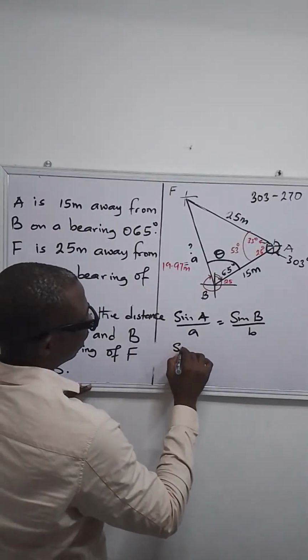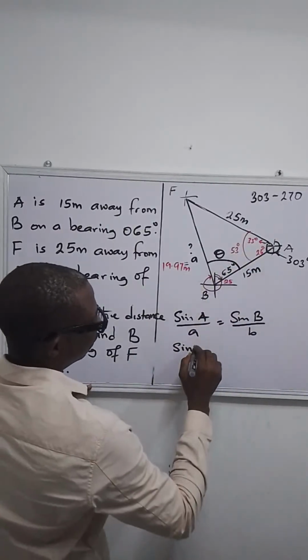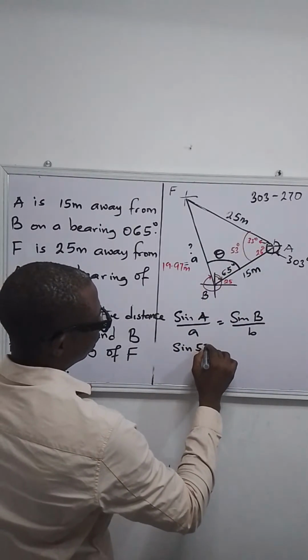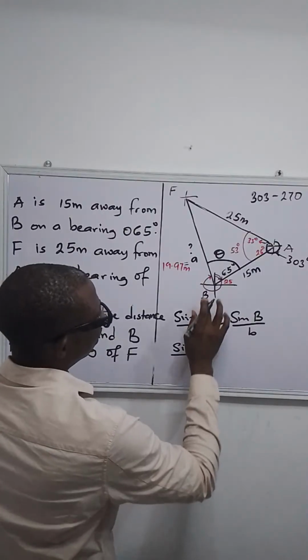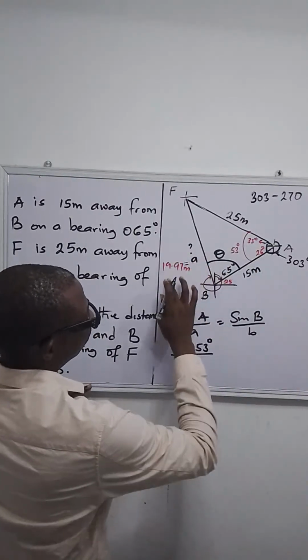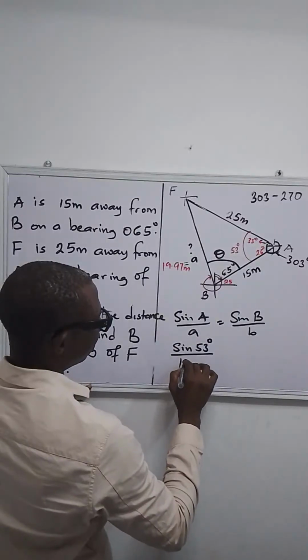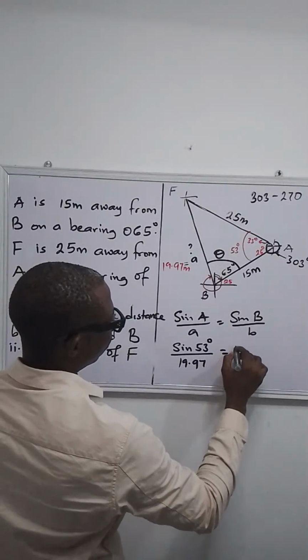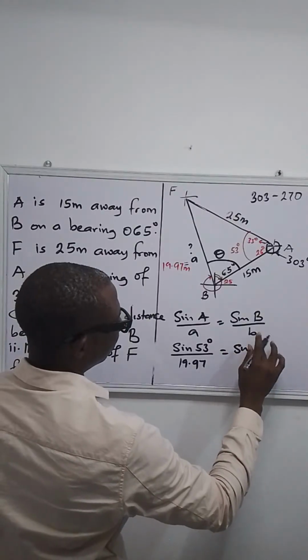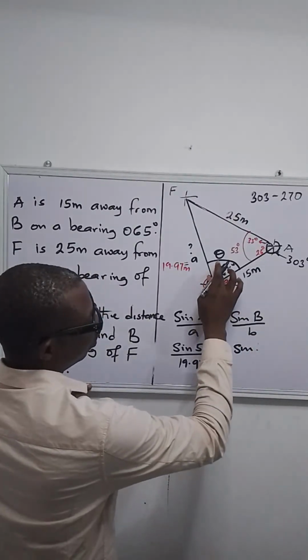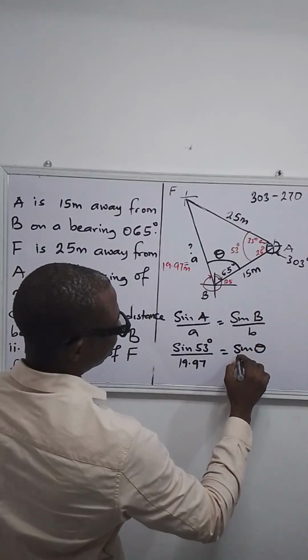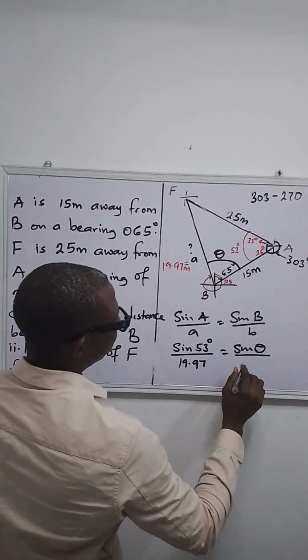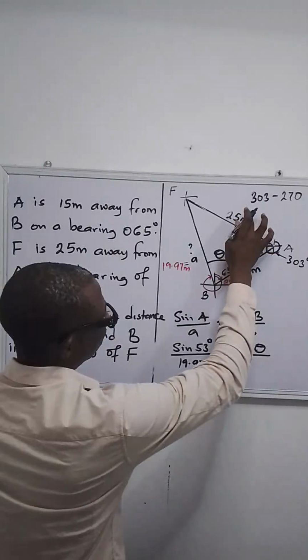Angle A is 53 degrees, over side A, which is what we just have here, 19.97, equals sine B. We have called our angle B theta, so we have sine theta over small b. Now small b is this, that's 25.